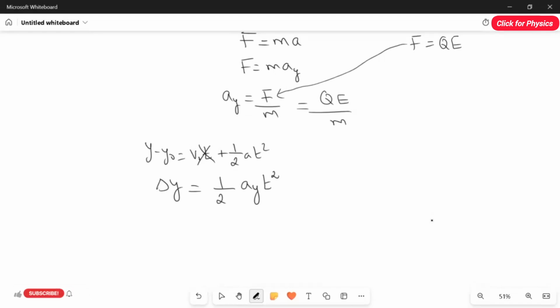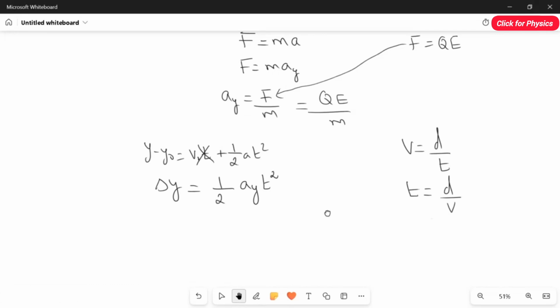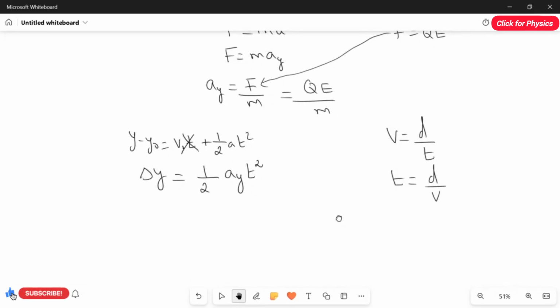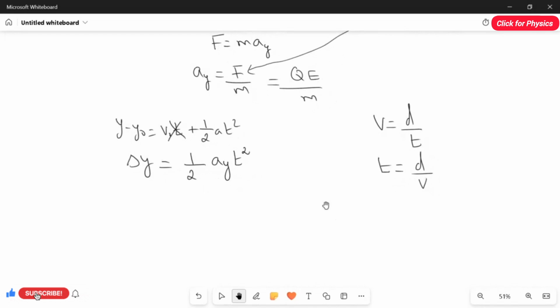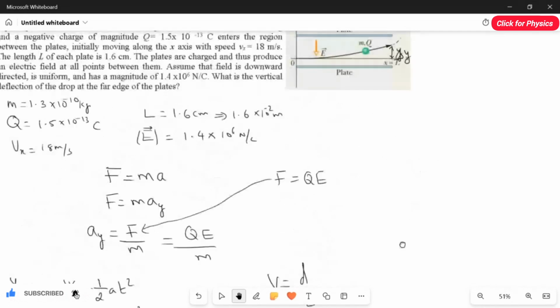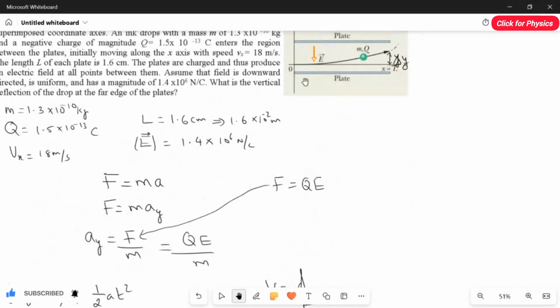Now we have to find the value of the time. As we know, speed is equal to distance over time, am I right? Therefore time is equal to distance over speed. So what is the distance? The distance here is nothing but the length of the plates, so this is the total length of the plate. This much distance, this charge is traveling.